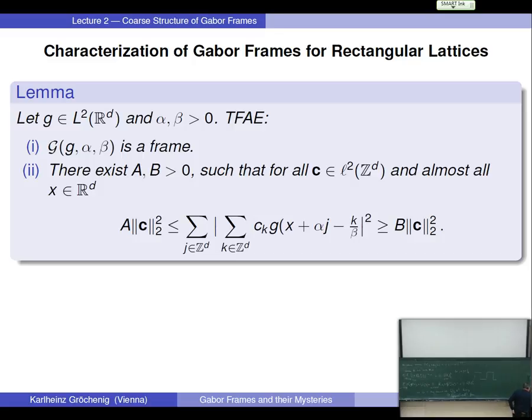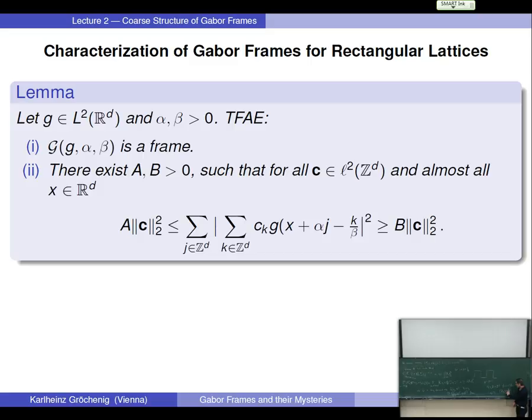Actually, there's a complete characterization of frames at critical density. Let's take alpha beta equal 1. You can always dilate, so that's the case. And then the system is actually a Riesz basis if and only if the Zak transform is bounded away from 0 and bounded. This is a unitary operator from L2 of R to L2 of the square.